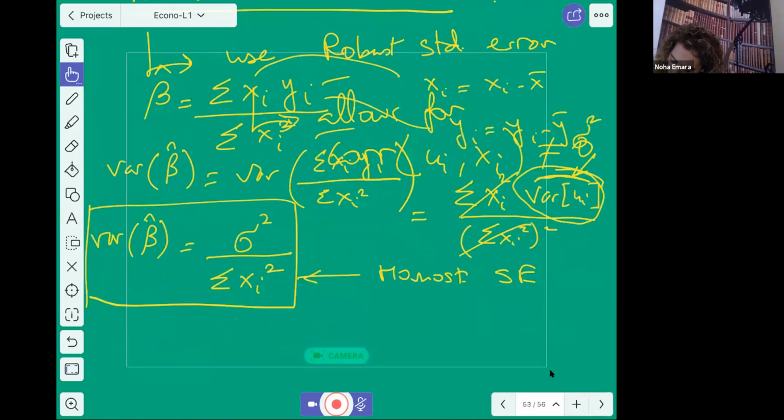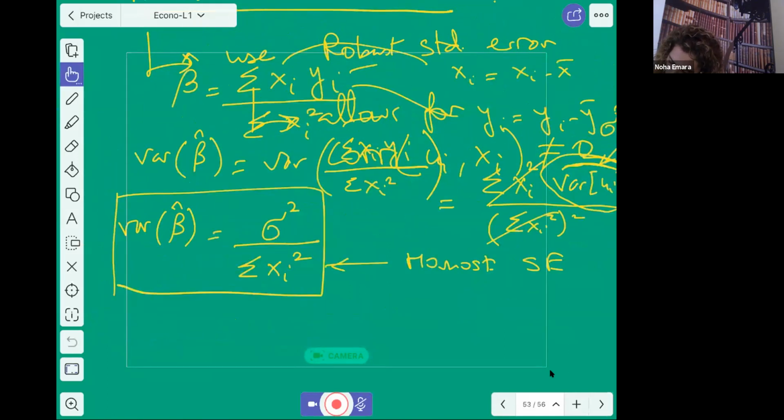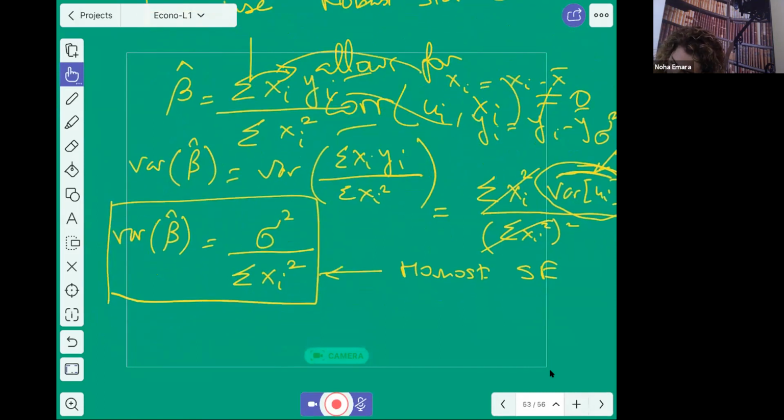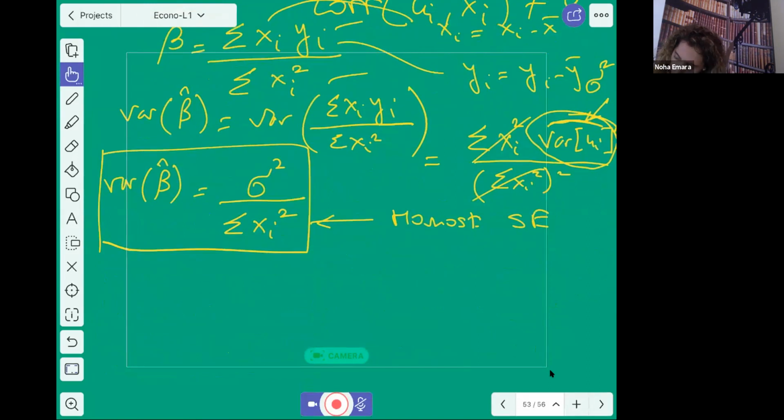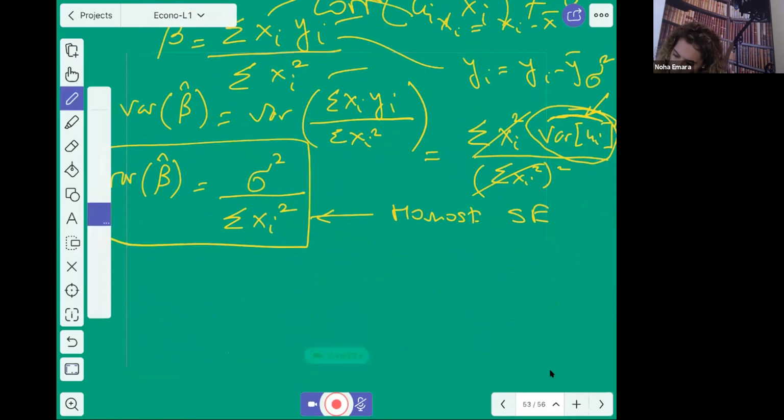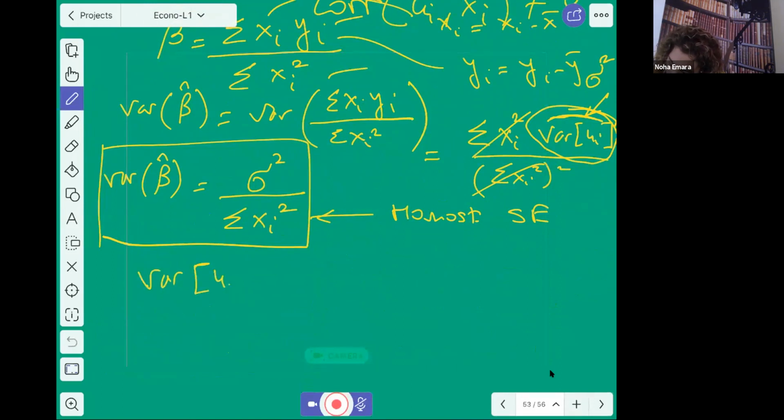So in the heteroskedastic case, this variance is not constant. The variance of ui is not constant. It's equal to the expectation of ui squared.